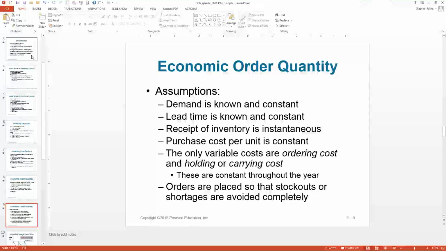The economic order quantity has some assumptions in here. One, it assumes that you know how much people are going to want and when they're going to want it. It assumes that you know how quickly you can get it. These are not bad assumptions, but they're important assumptions, because if you don't know these things, then the EOQ is not going to function for you.